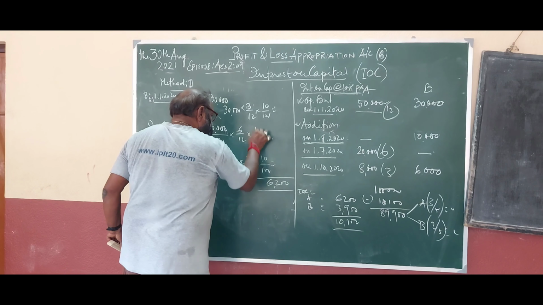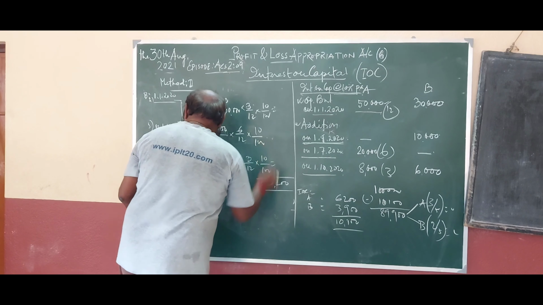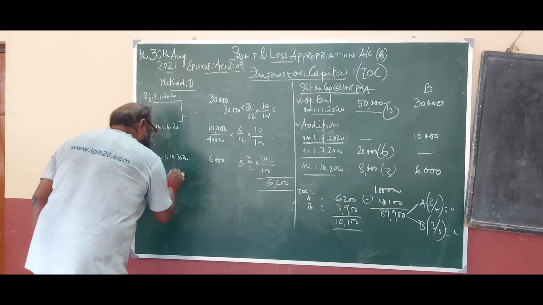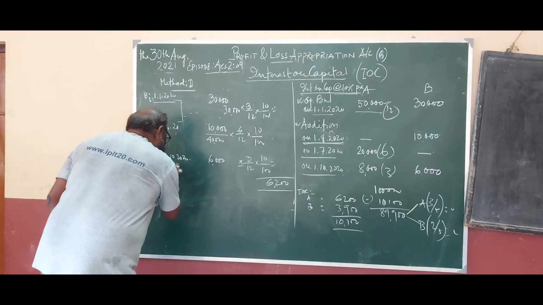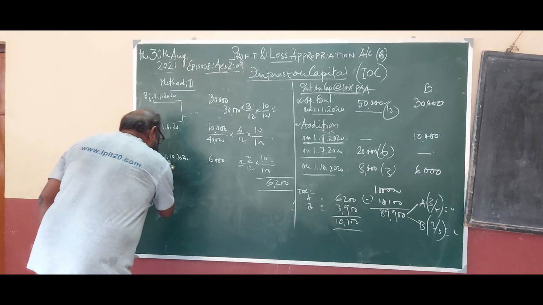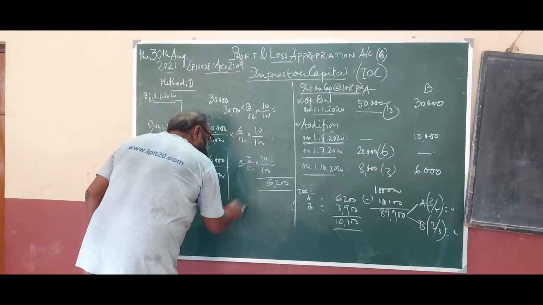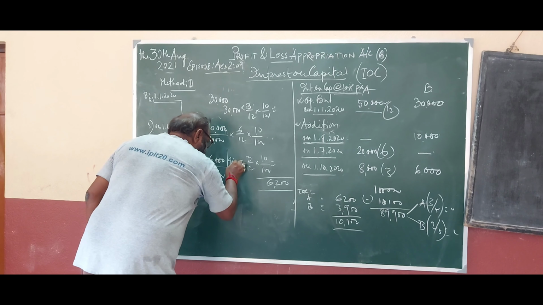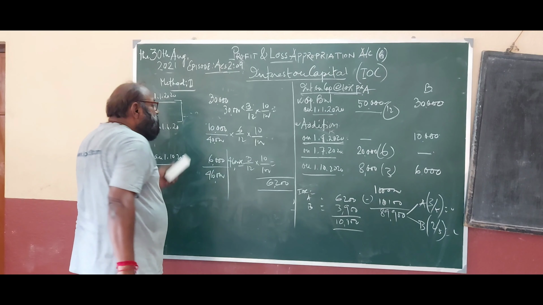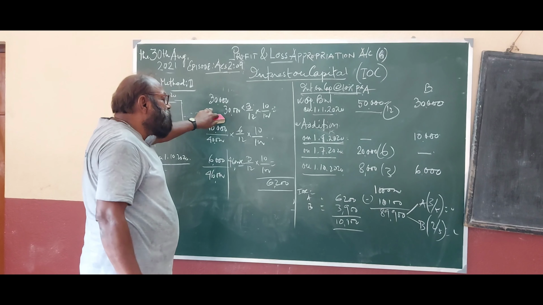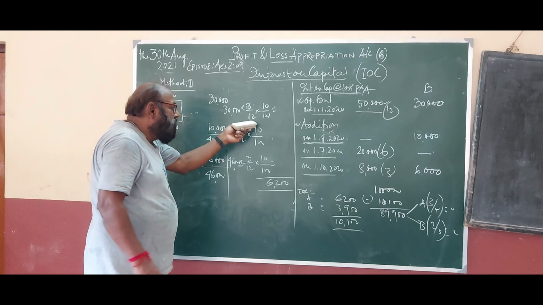So it will be 6/12 into 10/100. And the other investment was made on 1/10/20. So the remaining balance, that is 46,000, worked for how many months? It worked for 3 months. Clear? So on the first 30,000, we have charged 10% interest per annum for 3 months.